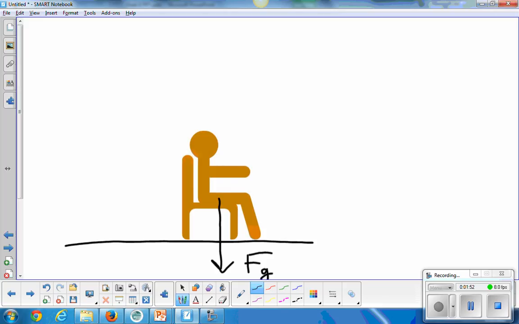All right, so anything else? Well, let's see. If there were just gravity acting on the body, what should happen? It should start falling. This is clearly not happening. It doesn't happen as I'm sitting in my chair right now. What else is acting on this person? There must be some other force to counterbalance that. That has to be exactly opposite.